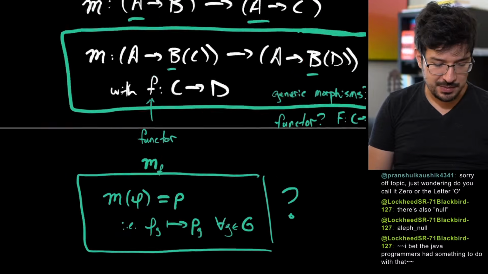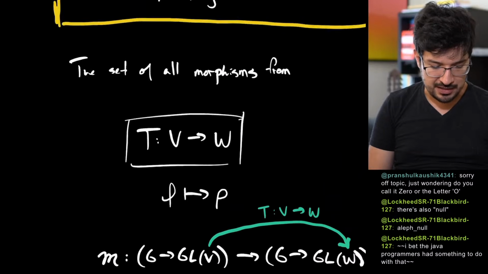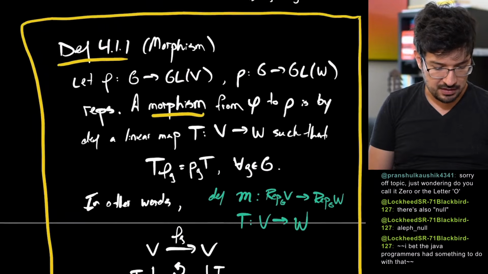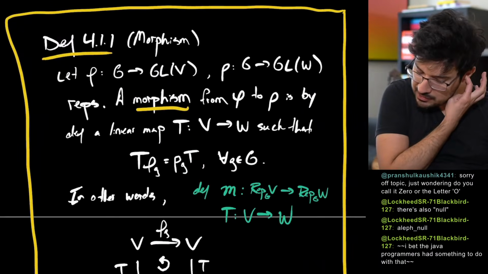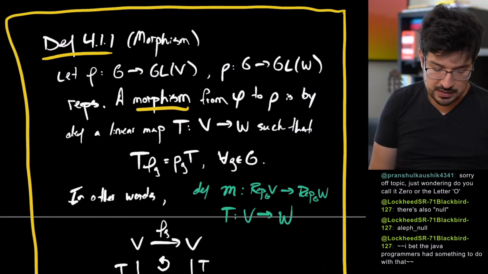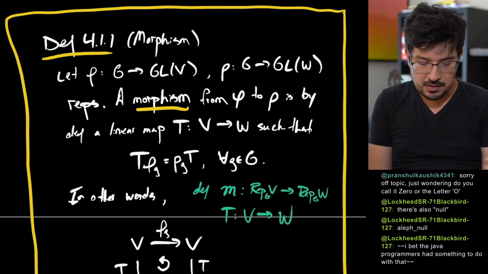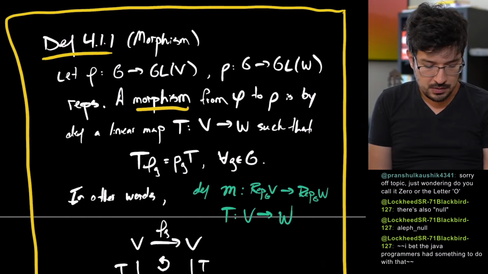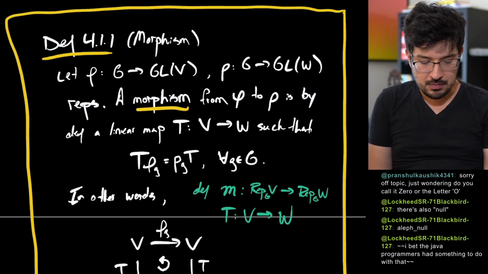Okay, so I was wildly off, but I'm trying to make up some stuff and understand this definition a bit more. So we still have a morphism from phi to rho, and by definition, it is a linear map.